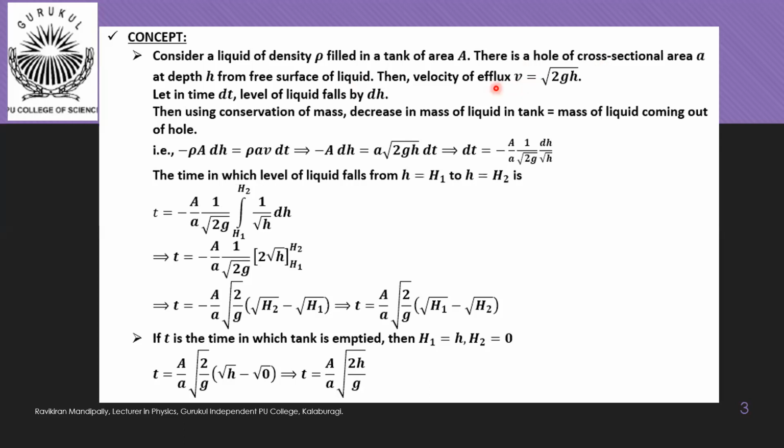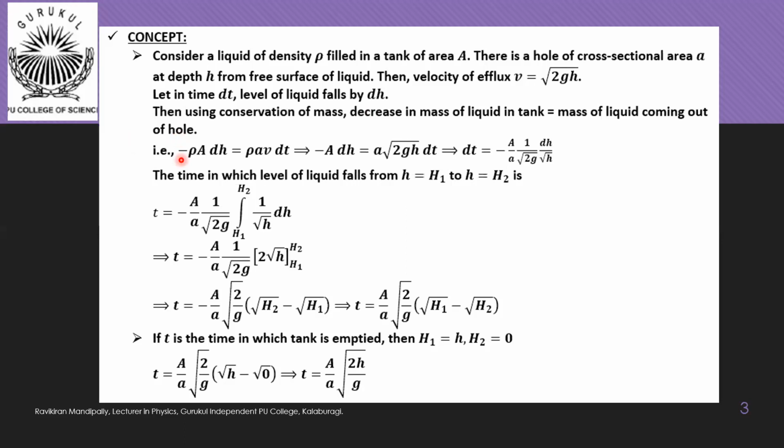Now suppose the level of liquid is decreasing by an amount dh in time dt. Then we can use the conservation of mass principle and write that the decrease in mass of liquid in the tank must be equal to the mass of liquid coming out of the hole. There is a decrease in mass, so we put a negative sign here, and mass is volume into density.